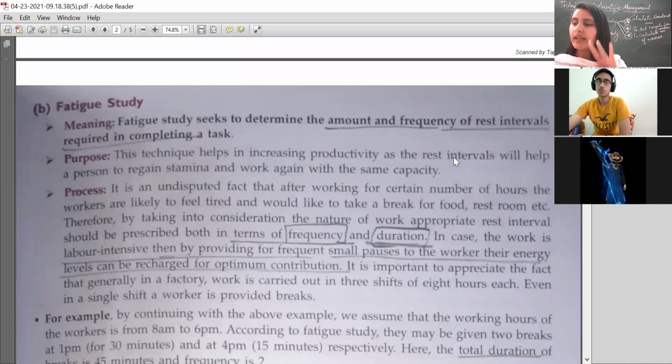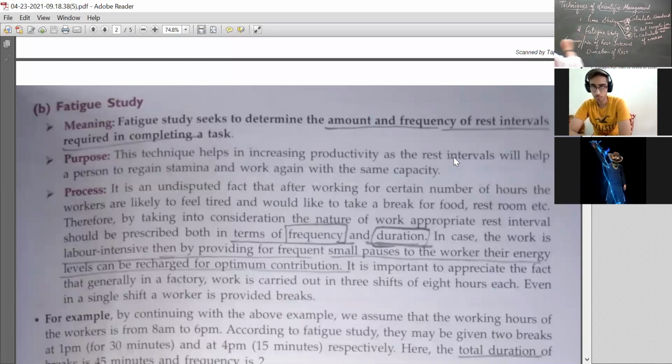So there are 2 words which I am going to quote here. Number 1, frequency of rest interval, or number of rest intervals. And number 2 is duration of rest interval.